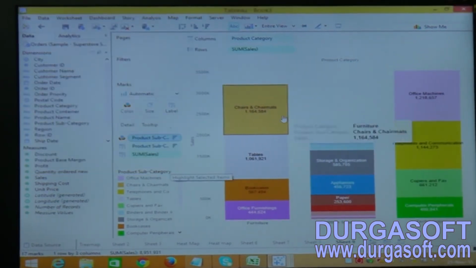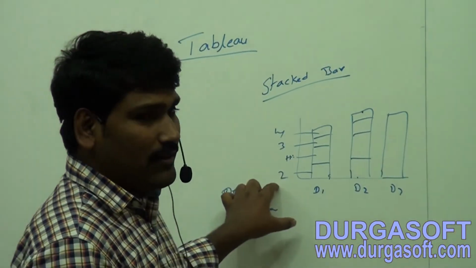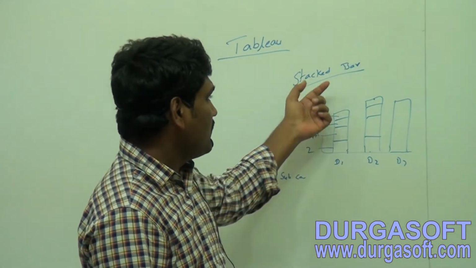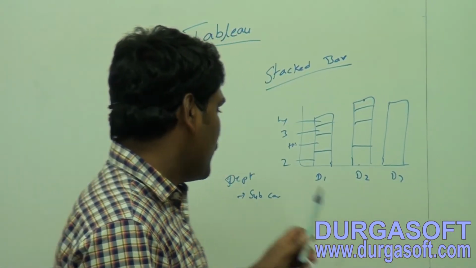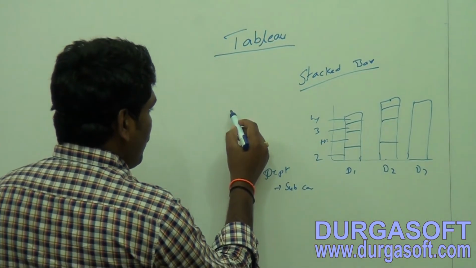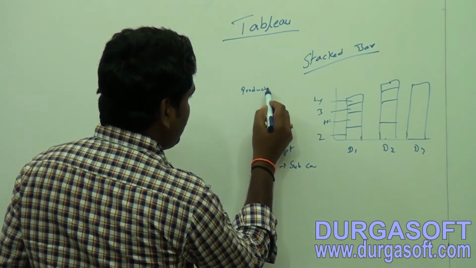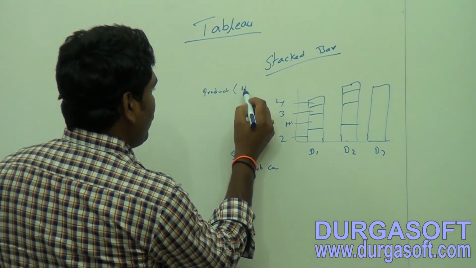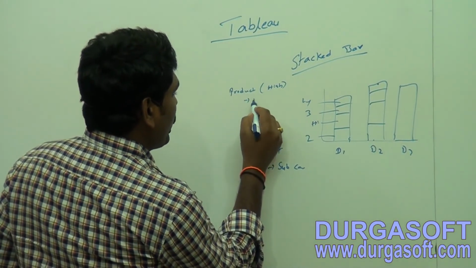Now this is the way the stacked bar representation works. I am arranging the inside bar by giving ascending or descending options. This is what we call a stacked bar. Stacked bar representation is used when you have a high category, and a low category by product type.